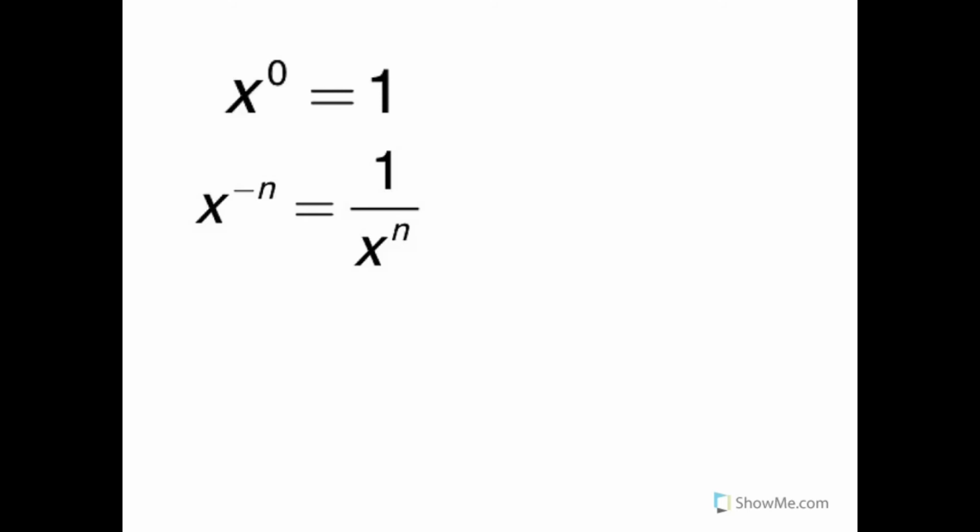So we've expanded our definition of exponents to include 0 and negative exponents. x to the 0 power is 1, so long as x does not equal 0. And x to the negative n power is 1 over x to the n power, again, as long as x does not equal 0.